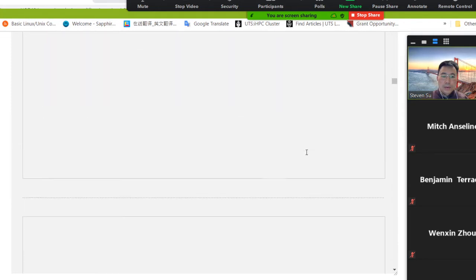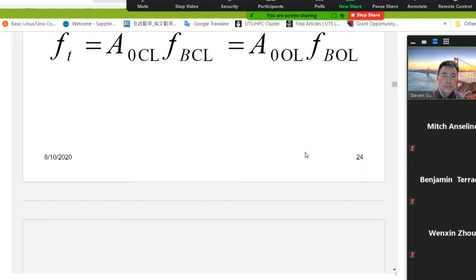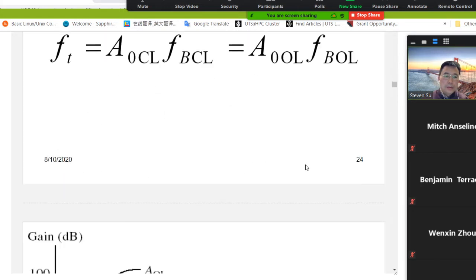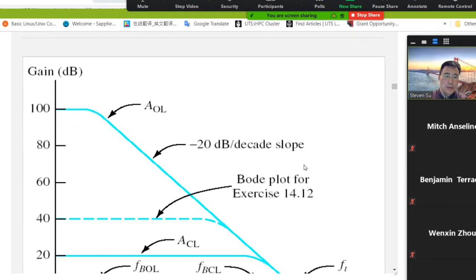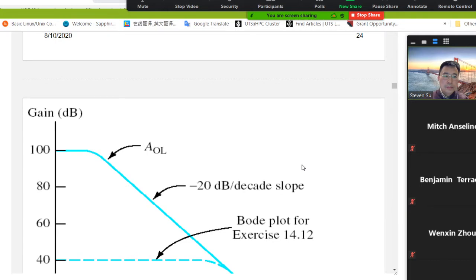I just want to go quickly. This is called the gain bandwidth product. It depends on which kind of op-amp you use. For a good op-amp, you have a big gain bandwidth product, but for a low quality one, the gain bandwidth product is low.